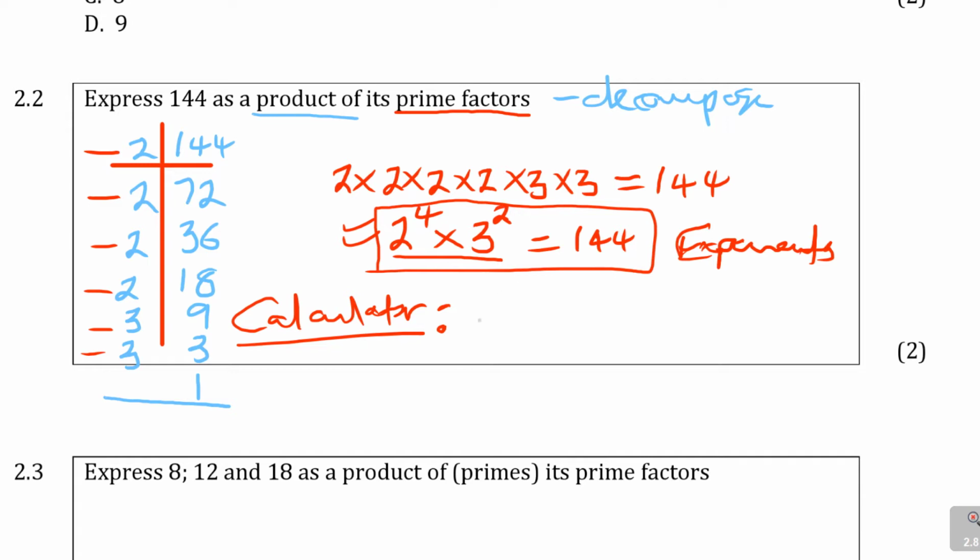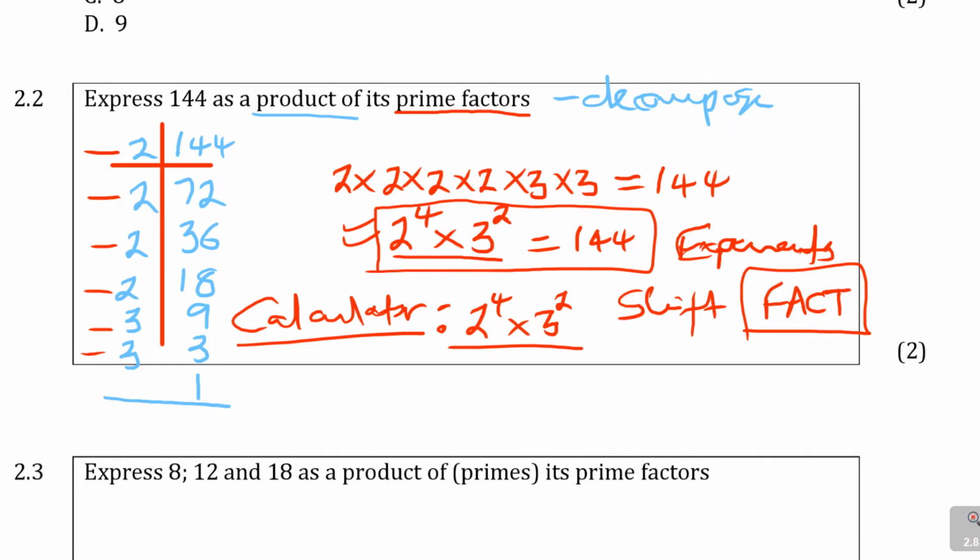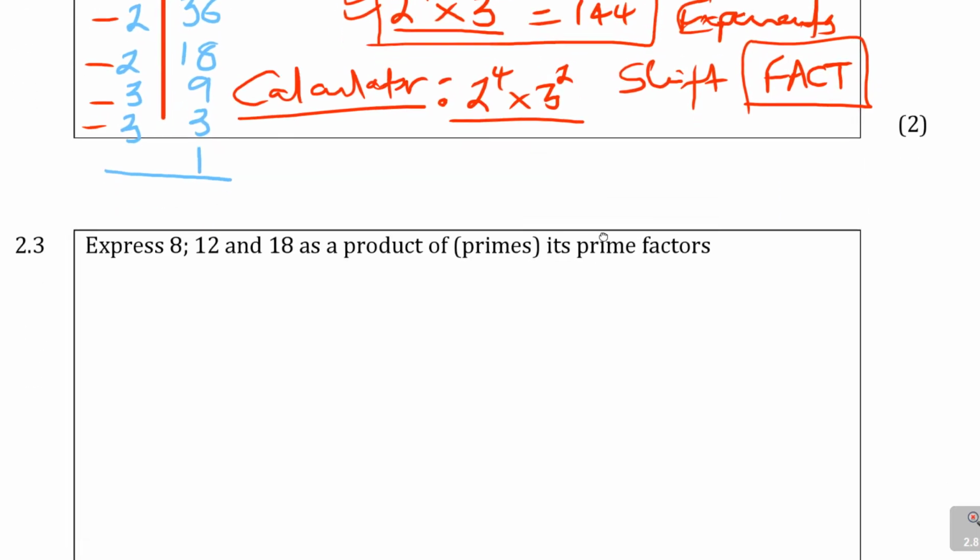This is the simpler way. The calculator will give you 2 to the power 4 times 3 to the power 2 directly. Remember, you say shift and then press the button which has FACT. So this is what they mean when they say express it as a product of its prime factors.